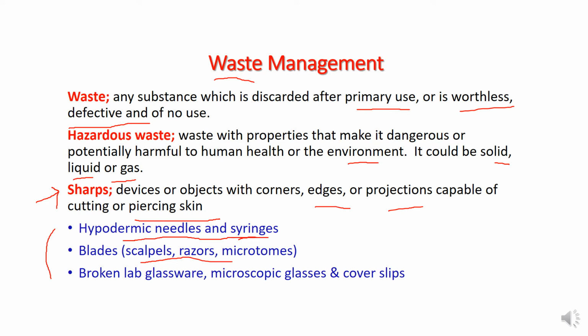Broken lab glassware also comes under sharps. And of course microscope glass slides and cover slips that we use to make slides. All these things come under sharps. This is a very important and very sensitive waste product.